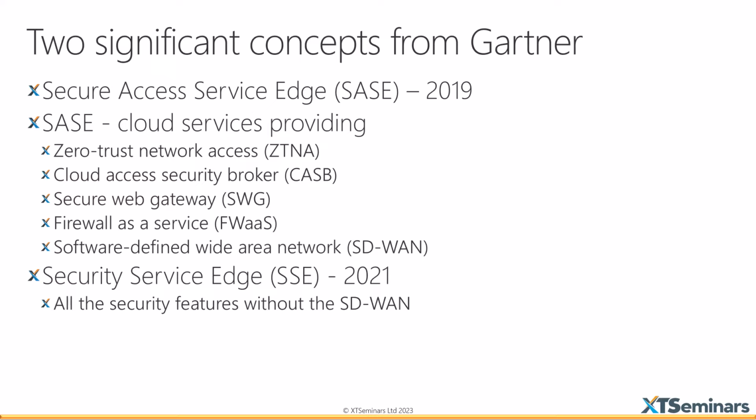Secure Web Gateway, and this is about really protecting your organization from the internet. So blocking access to certain URLs, filtering content, blocking access to certain characteristics of different websites that you may not want your users actually going to. And then Firewall as a Service is another feature built in.